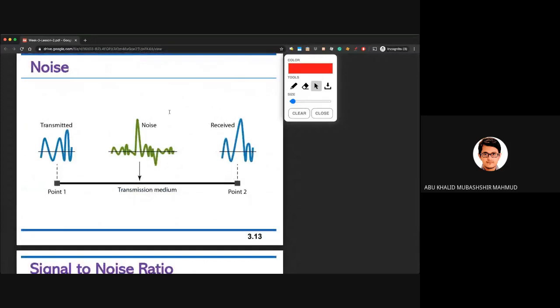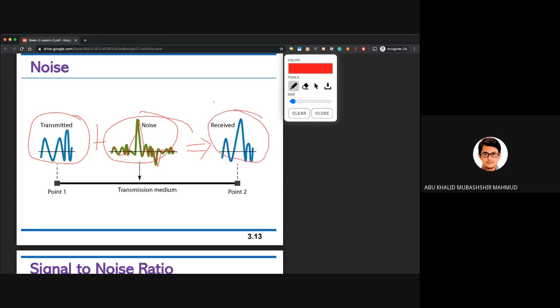This is an example of noise. In this figure, we are seeing that this is the transmitted signal, and we add some noise, that is a signal of different proportion, and this noise together with the transmitted signal produces this composite kind of signal.